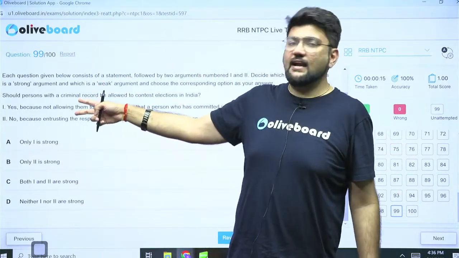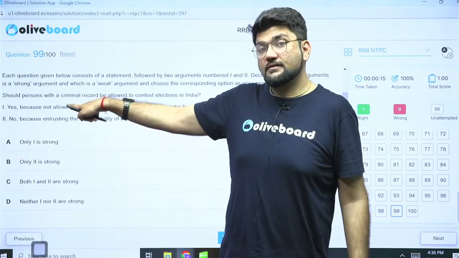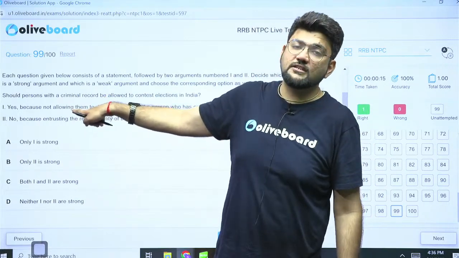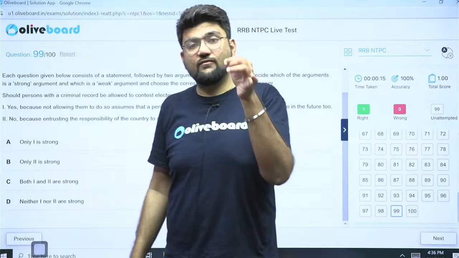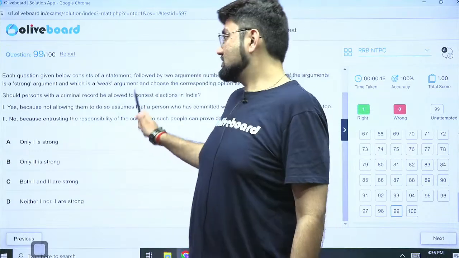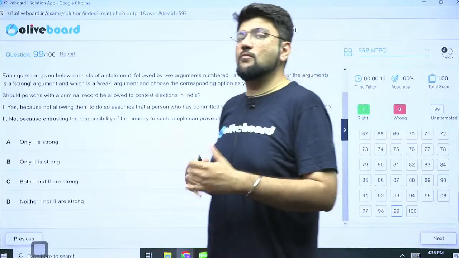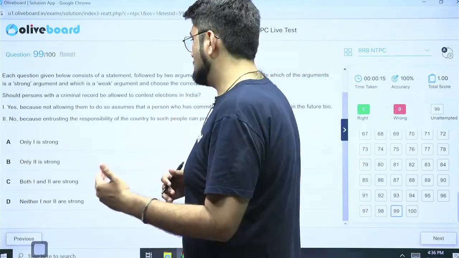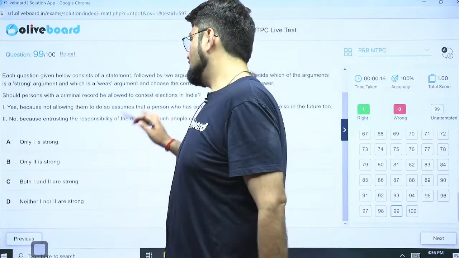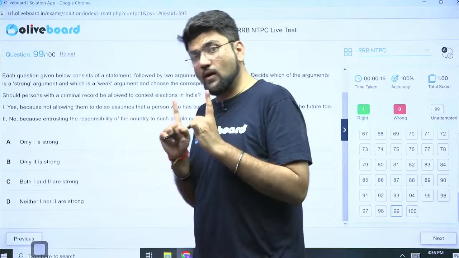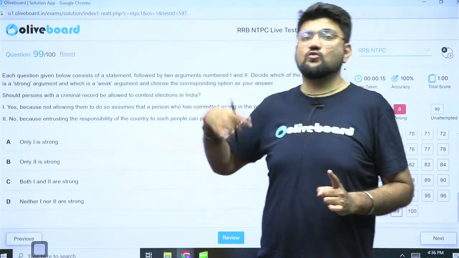Two people are standing up for the debate. This is the argument presented by one student. This is the argument presented by the other student. You have to decide which argument is strong. This student is supporting the argument, saying that if you stop them from contesting elections, then you are assuming that the person who has once committed a crime will always repeat so.